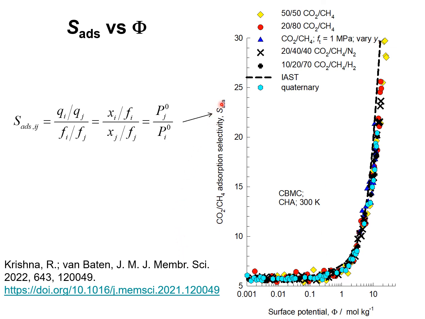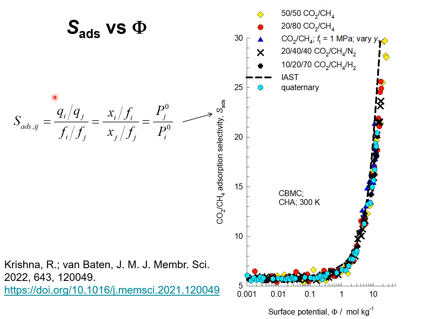And we see that the adsorption selectivity is uniquely related to the surface potential phi as plotted on the x-axis. Precisely, this is the dependence that is predicted by the IAST. The dashed lines represent calculations of the IAST theory using data on the unary isotherms.